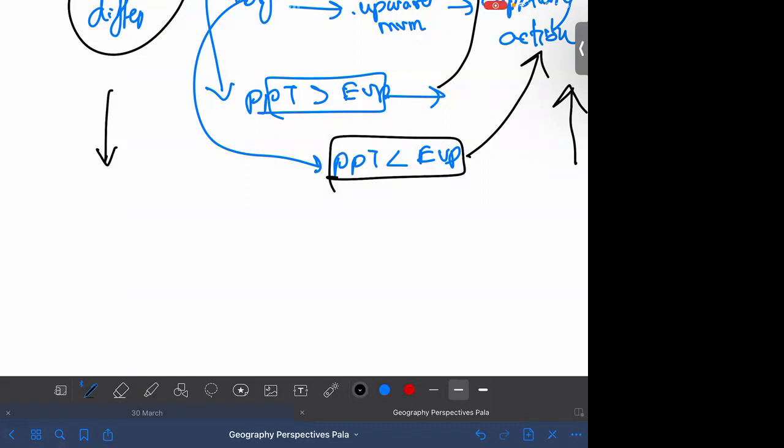Most importantly, it provides organic matter to the soil. Most important role is providing organic matter to the soil. Besides, it also impacts the rate of weathering.